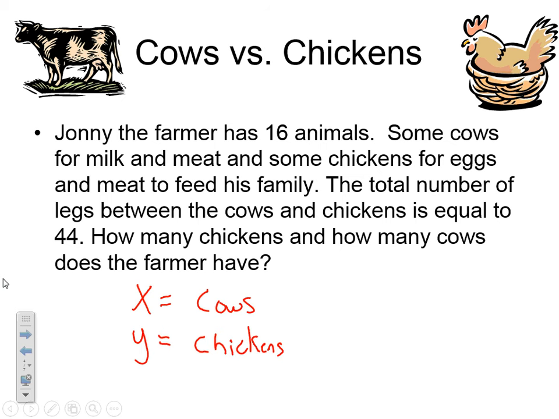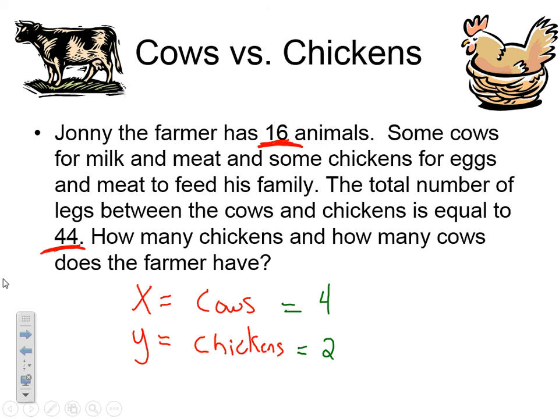Now, once our variables are set up, we're going to set up our two equations with the information that we know. We know that there's only 16 animals, and they just have cows and chickens, and we know the total number of legs is 44. And we also know that cows have 4 legs, at least hopefully most of the time, and chickens have 2.